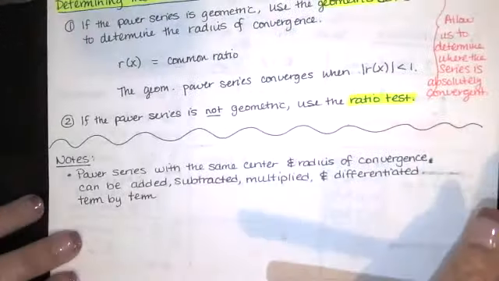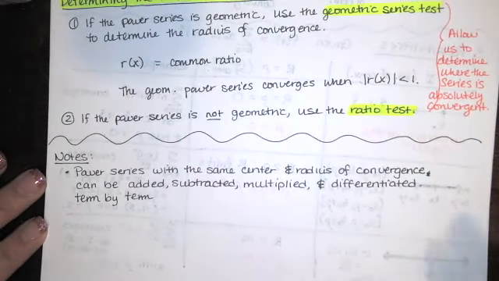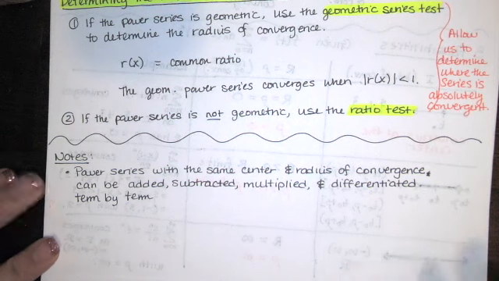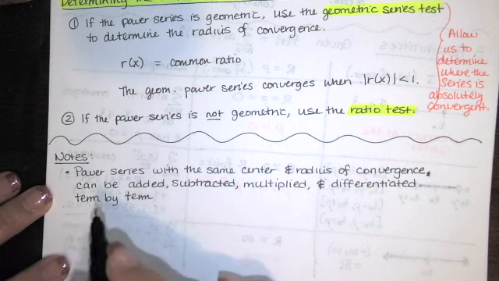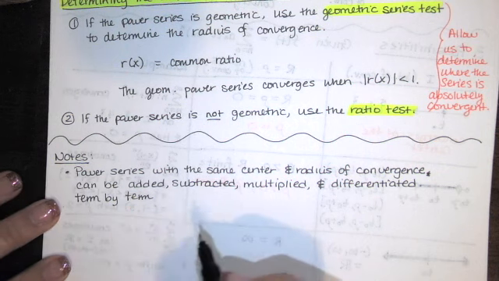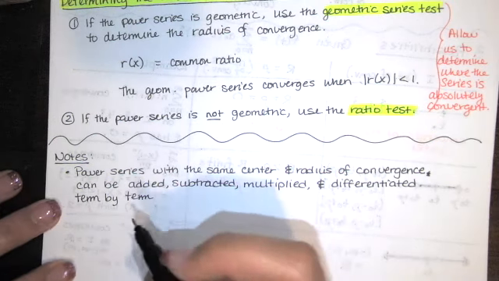So it's kind of like when you're adding, subtracting, or multiplying polynomials, or differentiating a polynomial. You just differentiate one term at a time. That's possible when you're dealing with power series, and the result will always be a series with the same radius of convergence.